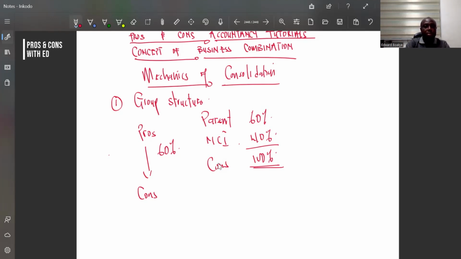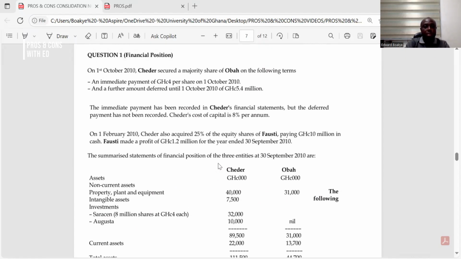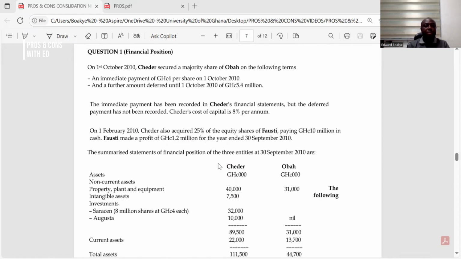There's a full question where they are saying that on 1st October 2010, Cheddar secured a majority share of Oba on the following terms: an immediate payment of 4 per share on 1st October 2010, and then a further amount deferred until 1st October 2010 of 5.4 million. That is not where our focus is. We want to know the group structure. So what then is going to be the group structure?